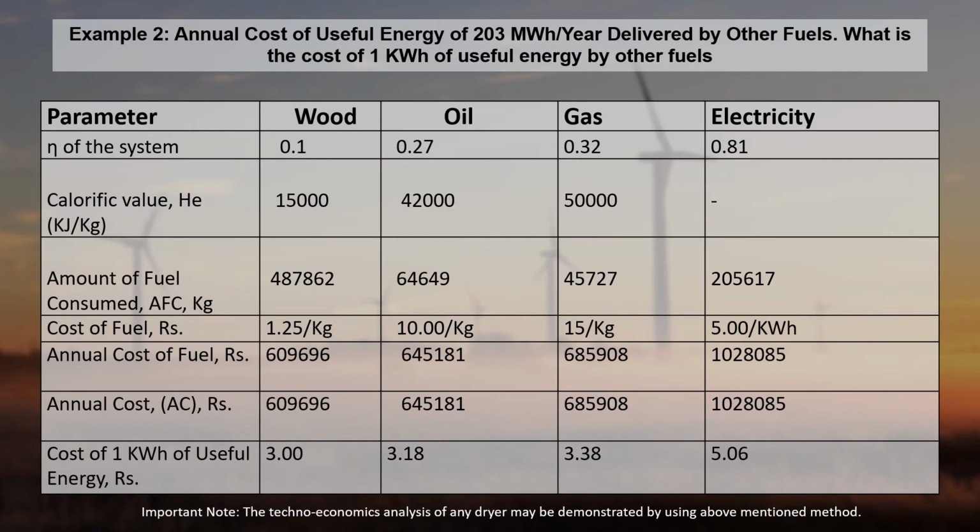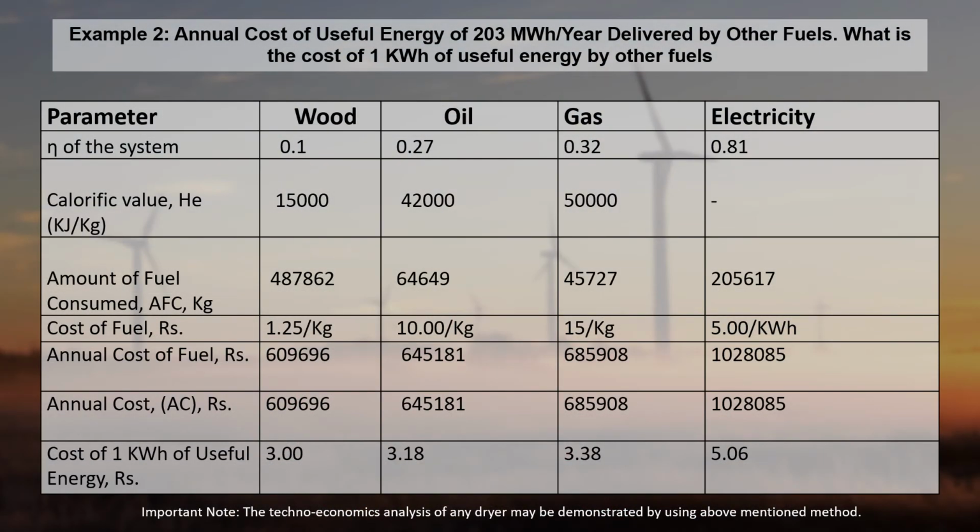Let us take another example. Annual cost of useful energy of 203 megawatt hour per year delivered by other fuels. What is the cost of 1 kilowatt hour of useful energy by other fuels?